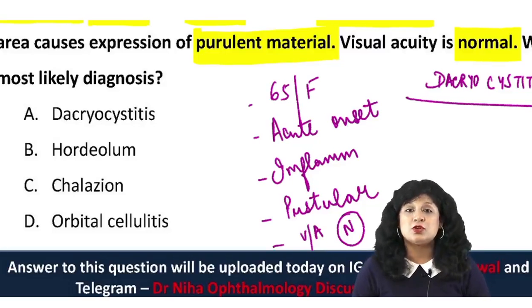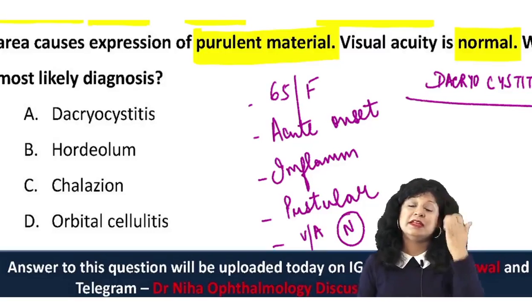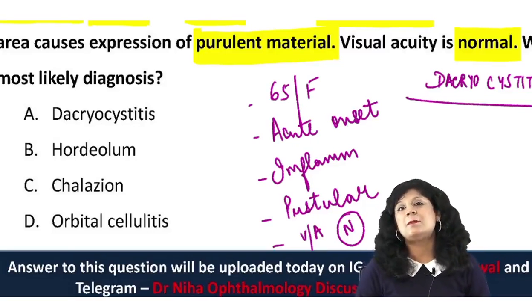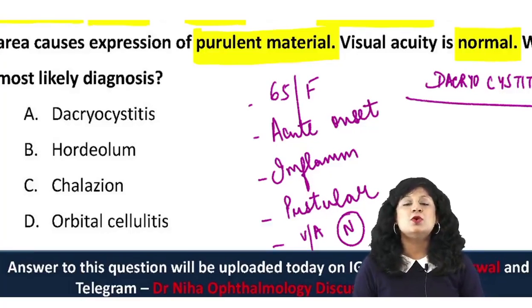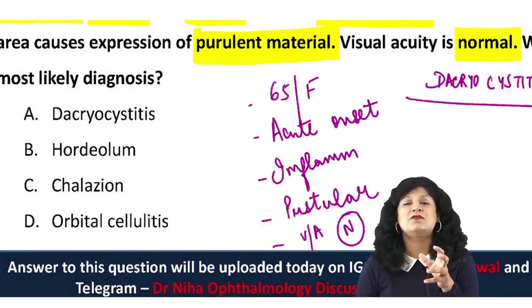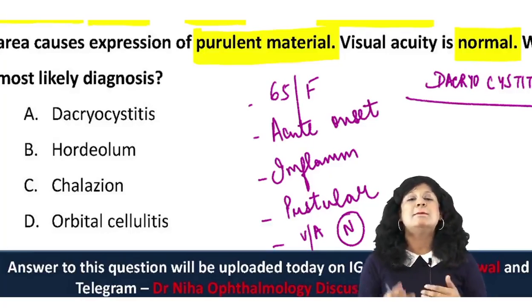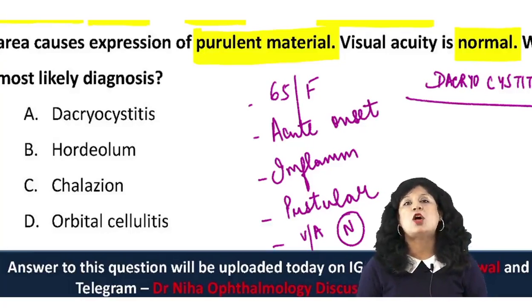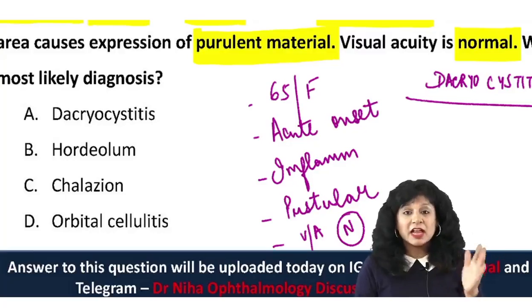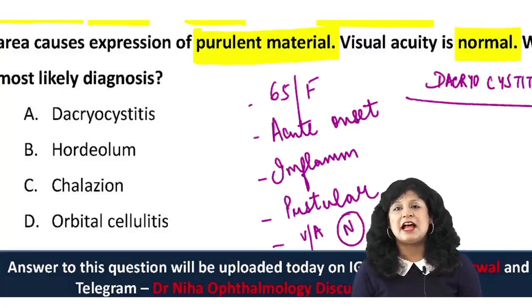It is also of acute onset. Can this be hordeolum? Can it be a chalazion? Can it be an orbital cellulitis? So I will tell you how to go through this type of question where the answer is not that difficult, but you tend to get in dilemma within the options. Okay. So I'll come to the dacryocystitis now in the last.